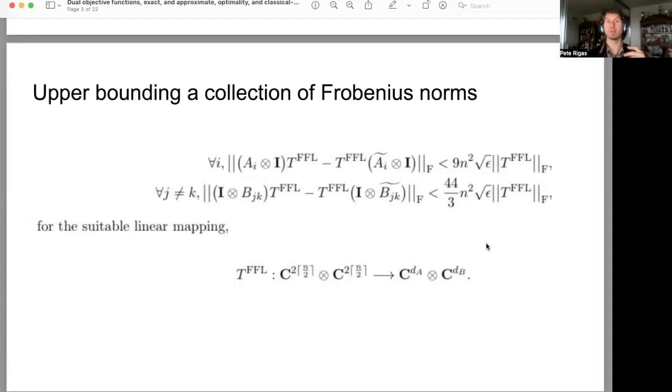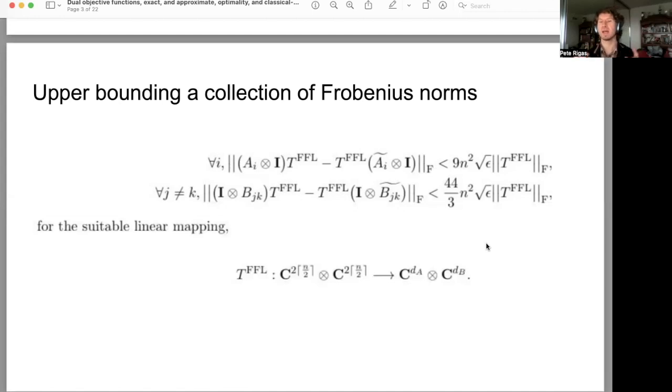of upper bounds for a system of Frobenius norms, where in the 2-player case we have a tensor product of the identity operator with one of Alice's observables, which is acted upon by the suitable linear operator for the FFL game.